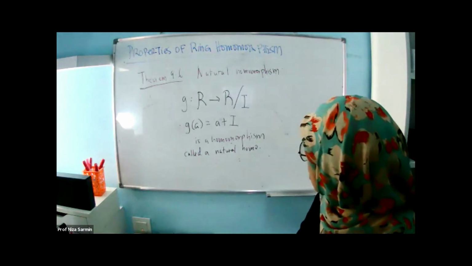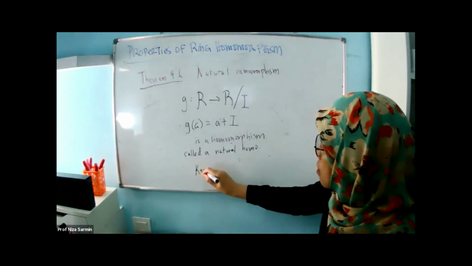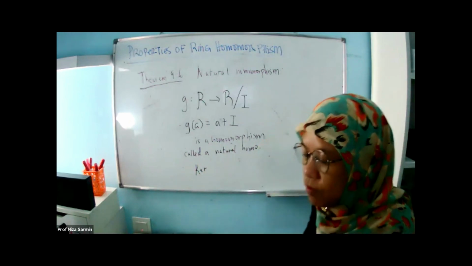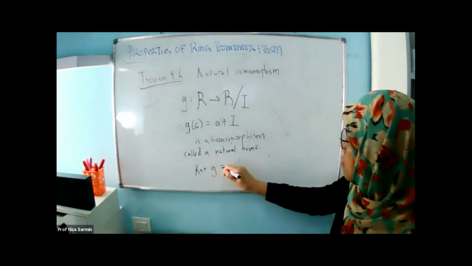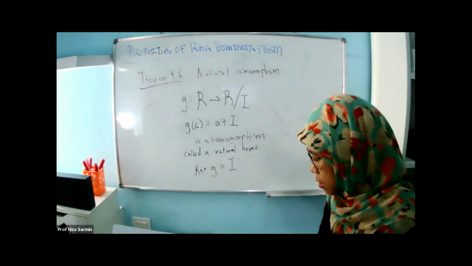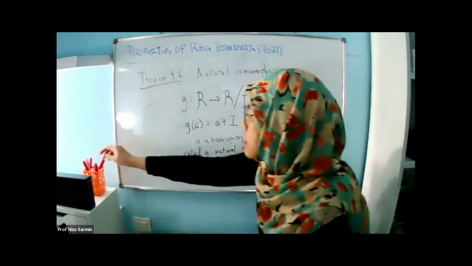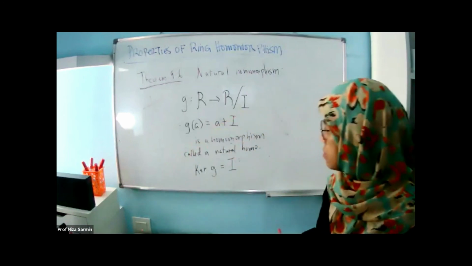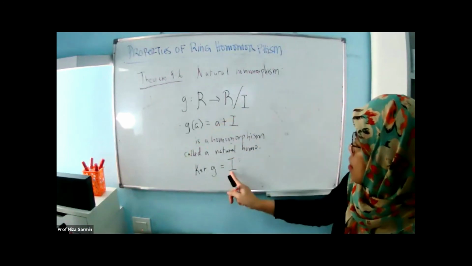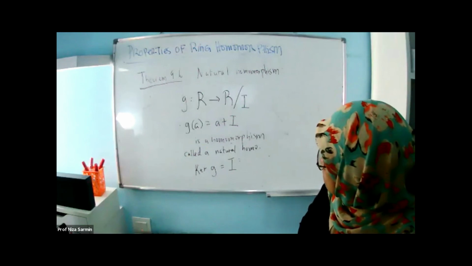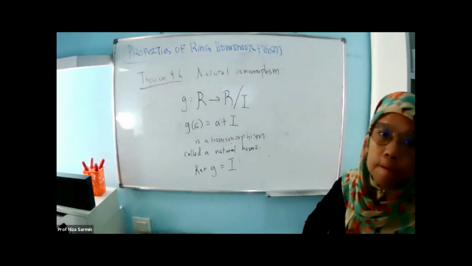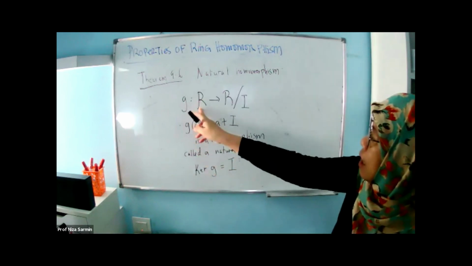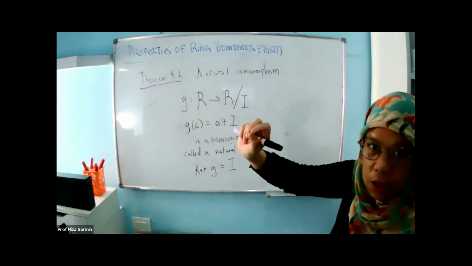And the kernel. Oh, this is a typo here. Kernel of G, not F. Hannah, you help me correct that, right? Kernel of G is equal to the ideal. Kernel is the elements in R which are mapped to 0.